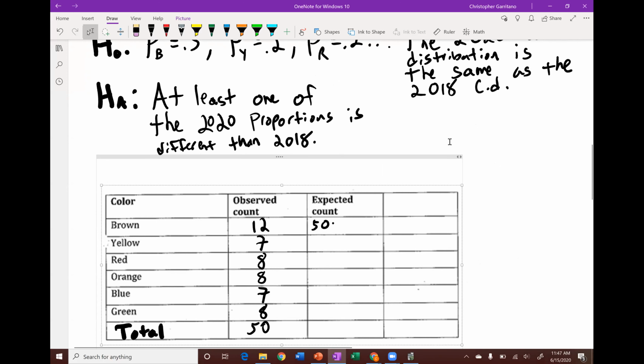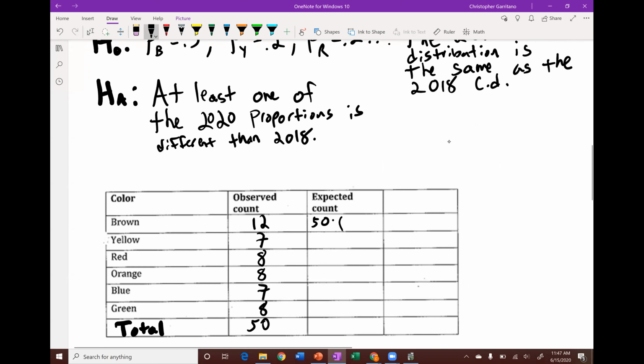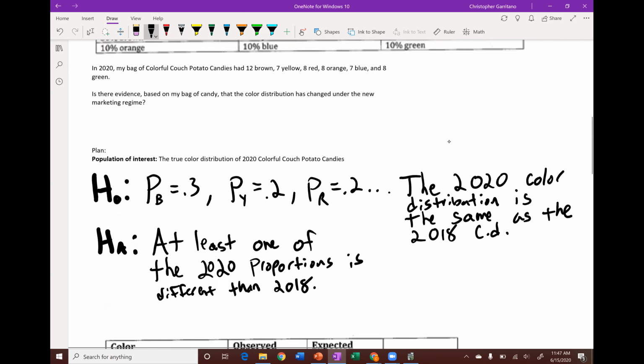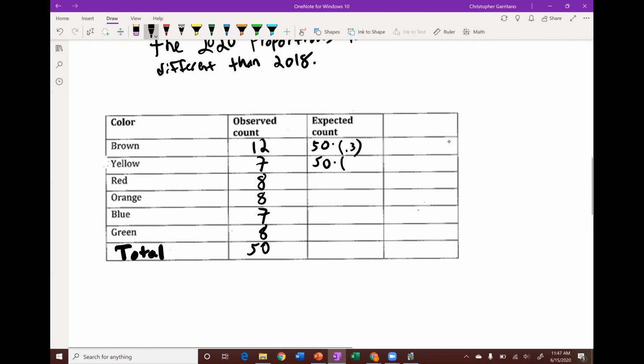So we will multiply this by 0.3. Similarly, for yellow, we're going to take the total, 50, and multiply it by what we are assuming to be true, which is 0.2. I'm going to fill out the rest of this chart in the very same way. So let me pause recording.